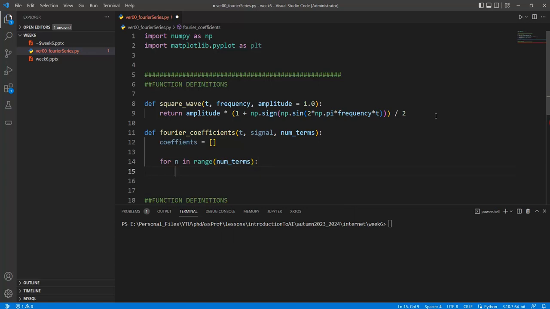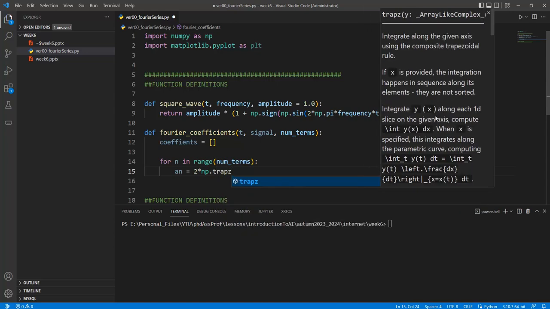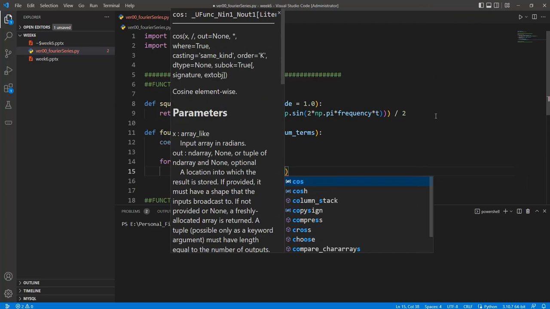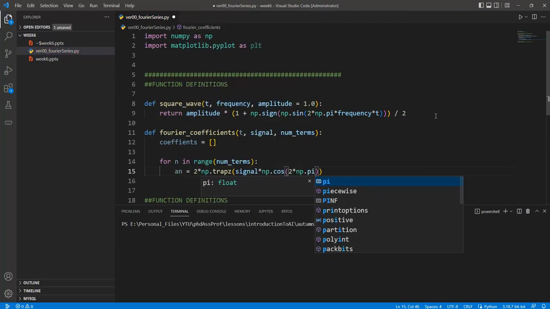And so, an is equal to what? 2 times np.trapz, which integrates along the given axis using the composite trapezoidal rule, which means that we can take the integral values for the proposed values, which is given in the slides, right? And so the signal times np.cos 2 times np.pi times n times t, okay?